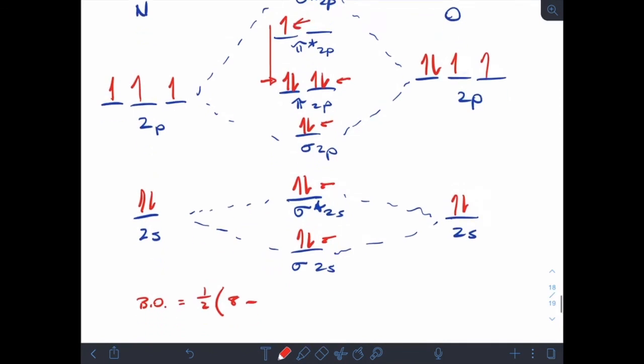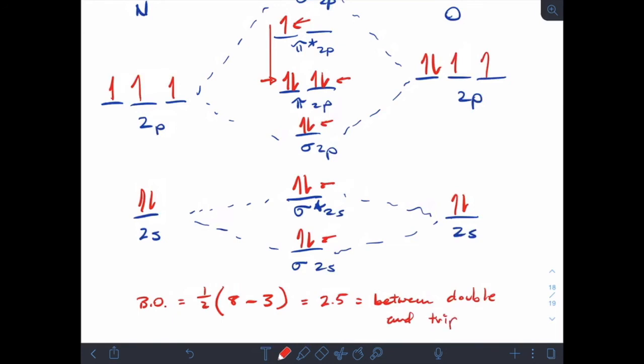So 1/2 of 8 minus 3. 8 minus 3 is 5. So I've got a bond order of 2.5. So what that tells us is that our bond is between double and triple. Right? So we've got some kind of funny bonding going on. Okay? So it's an interesting thing.